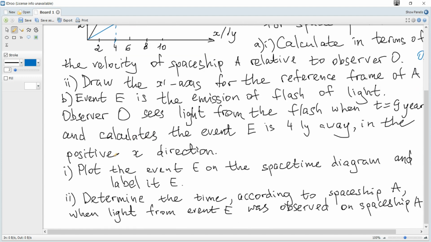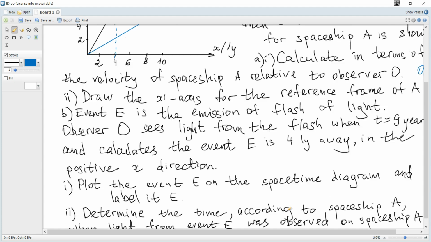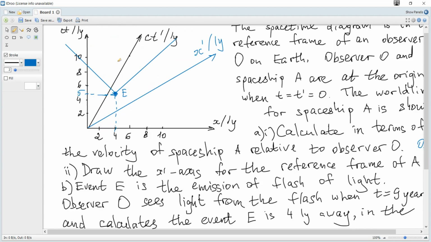The next: determine the time according to spaceship A, in the primed moving reference frame, when light from event E was observed on A. It is observed at this point, and we need this coordinate on the ct primed axis. How to find it?